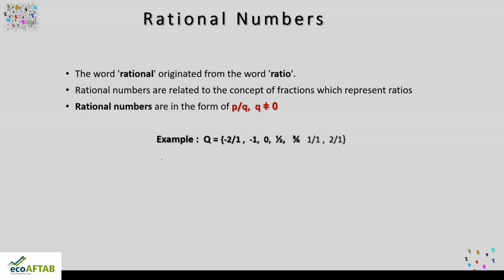When we say whole number, that is also a rational number. Every negative number is also a rational number, and along with all these numbers, the horizon of rational numbers widens up, and even the fractions that we write come under the category of rational numbers.